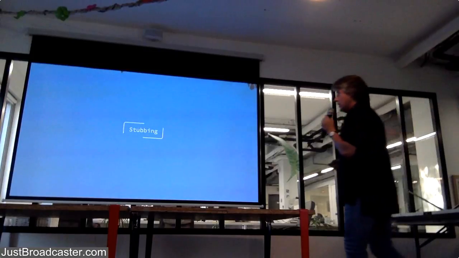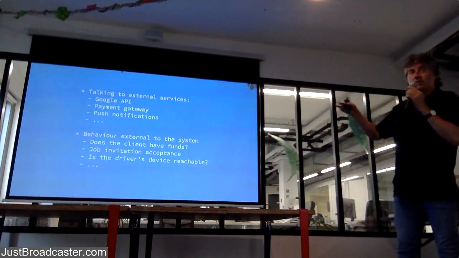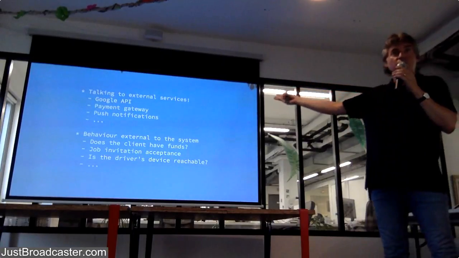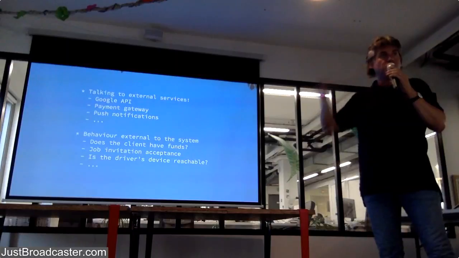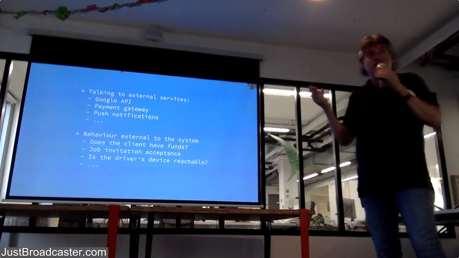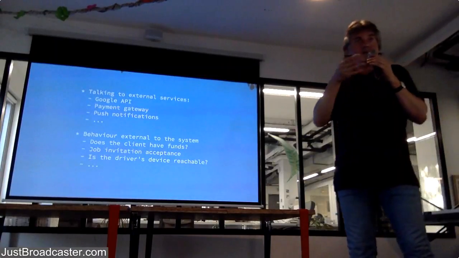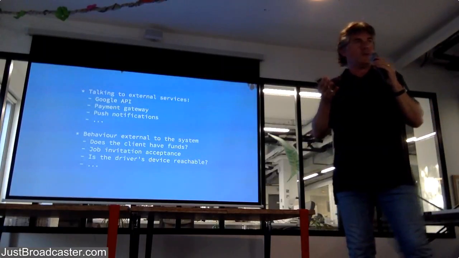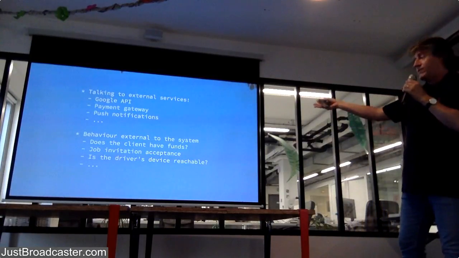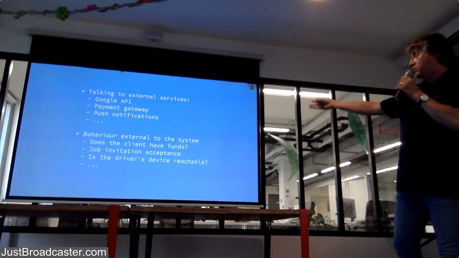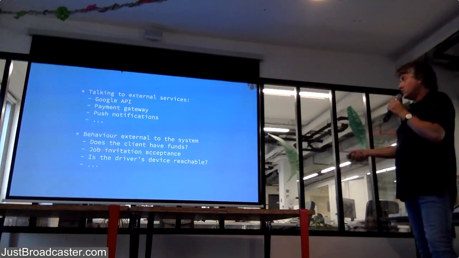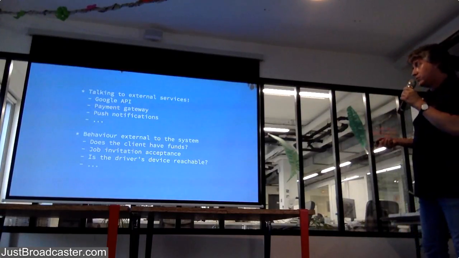There are a number of things that we do not need in the simulation, like external services, the Google API, and payment gateways. You have to stub all these things, because you are simulating and you have no business calling a payment API. Push notifications to mobiles: there's no mobile, so no push notifications should happen. And then there are things external to the system. Does the client have funds, for instance, to be able to pay? Job edition acceptance, we talked about this already.